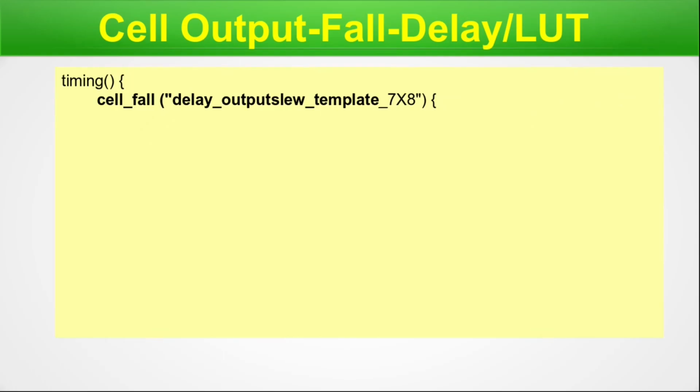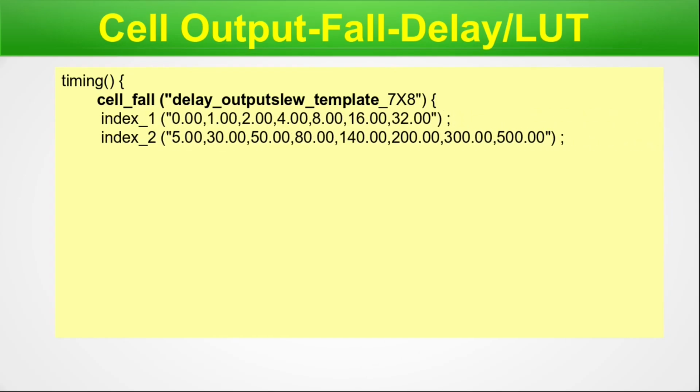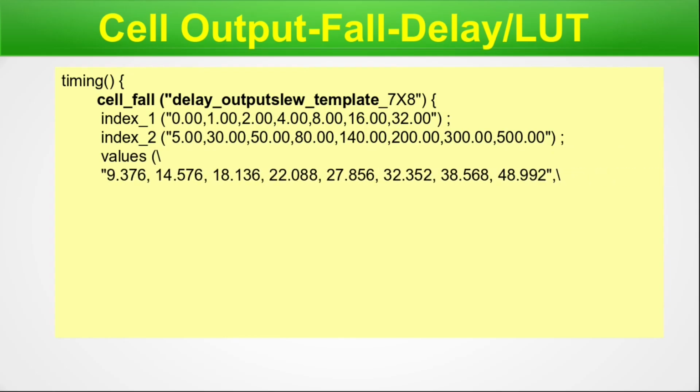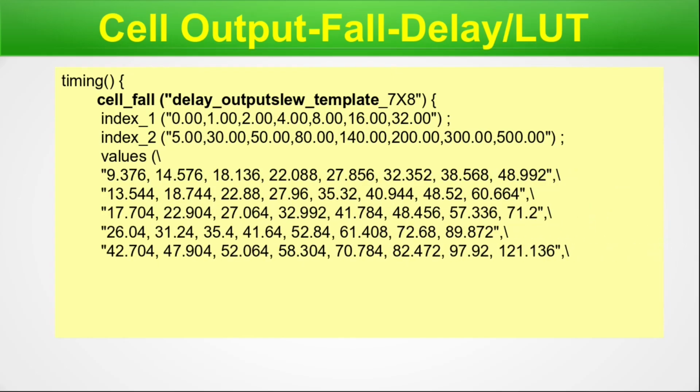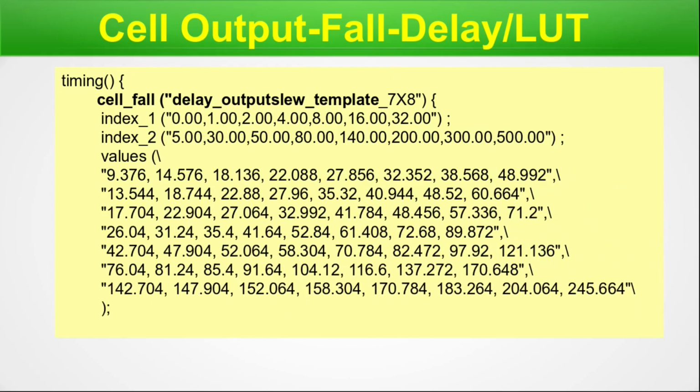Starts the timing. Cell fall delay output slew template 7/8. We have index 1 variation, index 2 variation, and here starts our table. Here starts our row, and we keep on adding the rows and corresponding columns, and here we close the table. Now, why am I showing all these explicit examples?